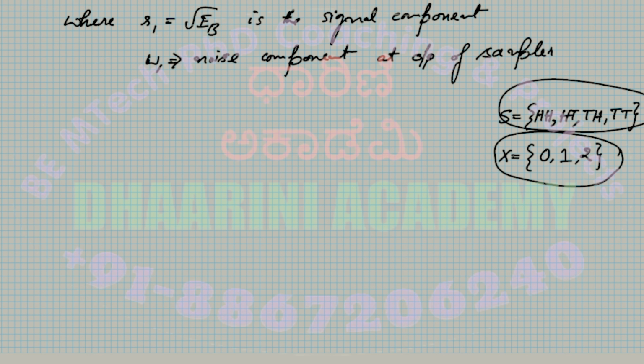Now, why do I use the word random variable? Because now we are actually considering this W1, which is a random process. I am trying to take a sample of that. You are going to generate a number.